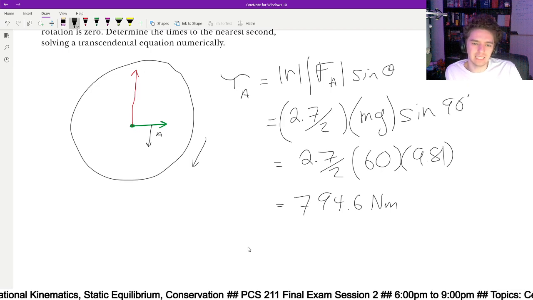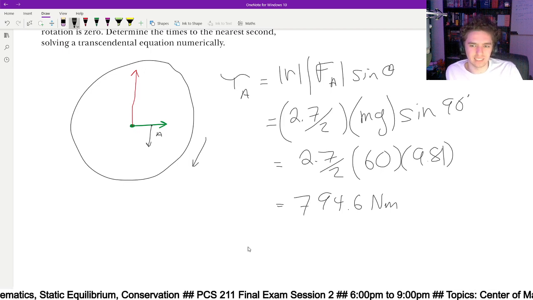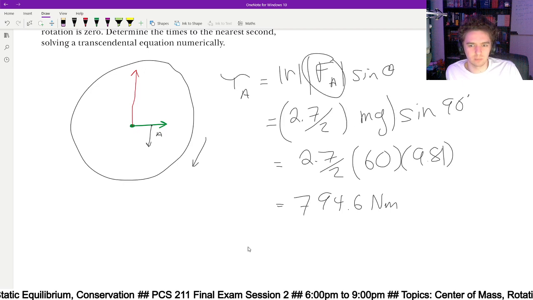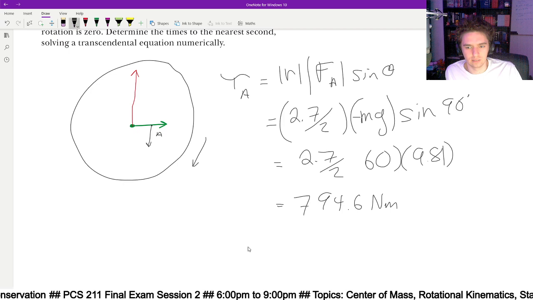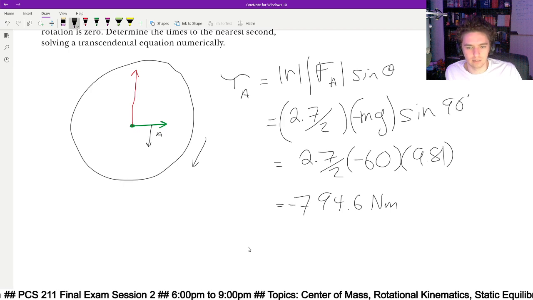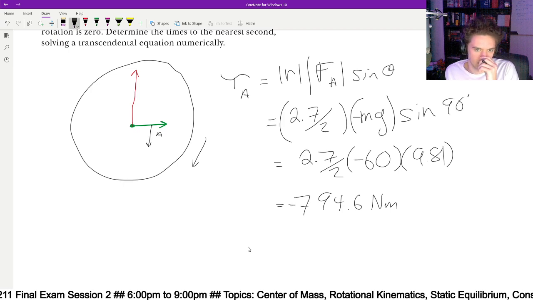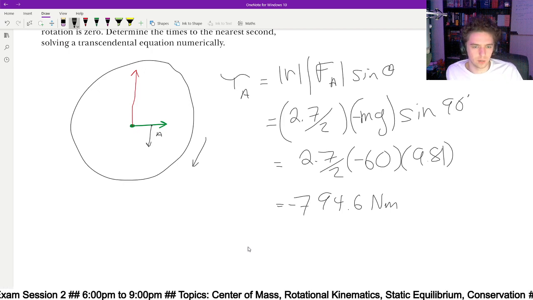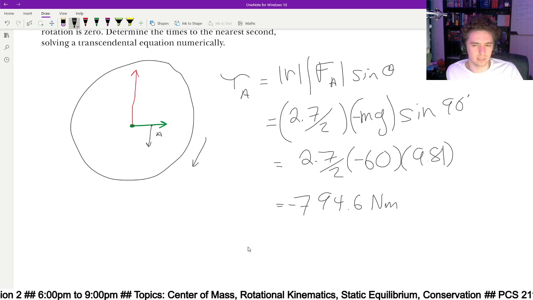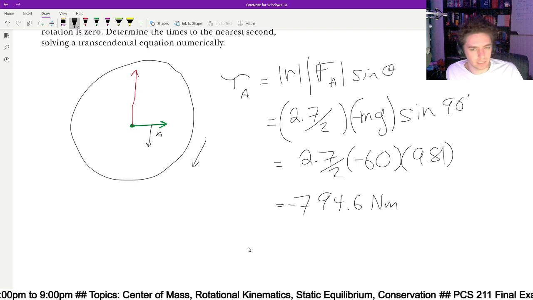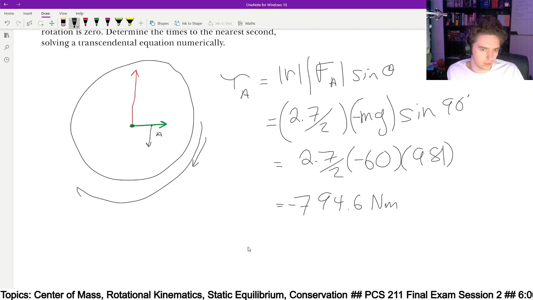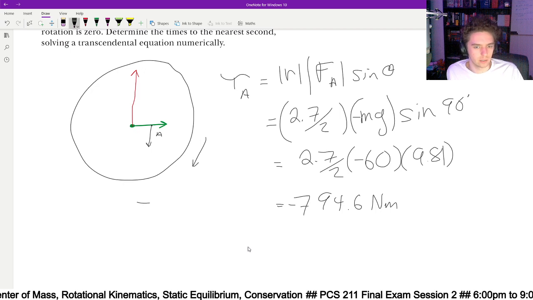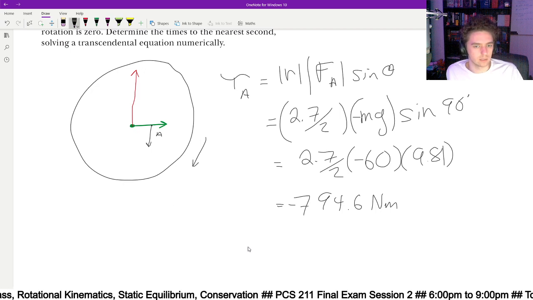I did a little bit of hand waving here to say FA is mg. So it's probably actually negative mg, and that's the difference. No, that doesn't make sense though. Actually, torque should be negative because it's going to pull the hand this way, which is clockwise, and negative torque is clockwise.